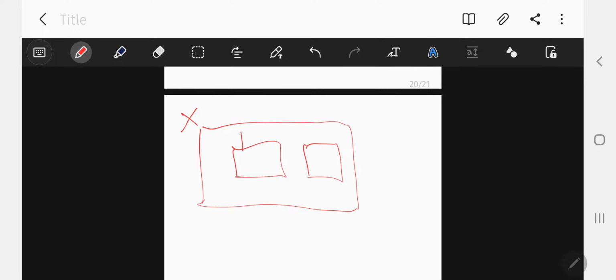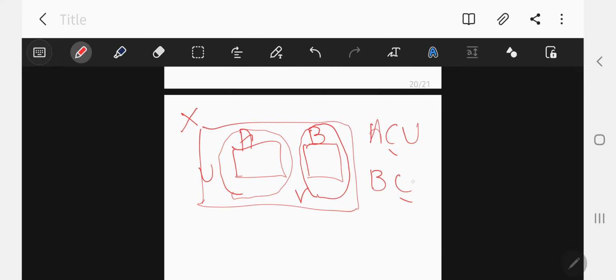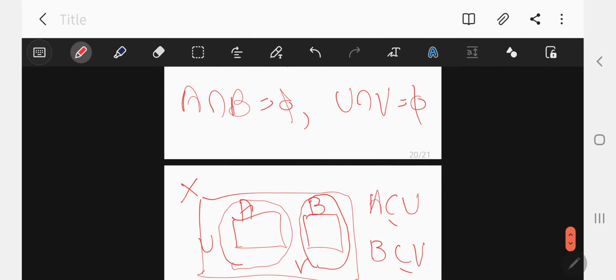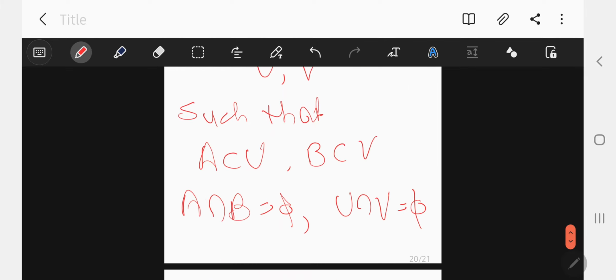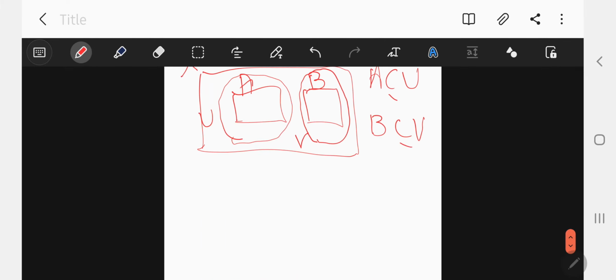For this diagram is in topological space X. For every pair of disjoint closed sets A and B, there exist two disjoint open sets U and V, such that A is a subset of U and B is a subset of V. Such a topological space is called normal space. X is normal space.